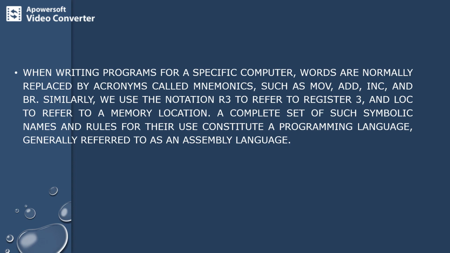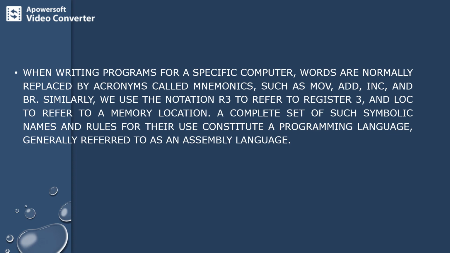Similarly, we use the notation R3, which means processor register R3, and LOC, that is location, in order to refer to a memory location. So I can use registers like R0, R1, R2, R3 and so on to refer to the processor registers, and LOC to refer to a memory location.